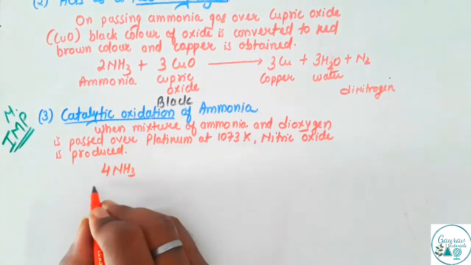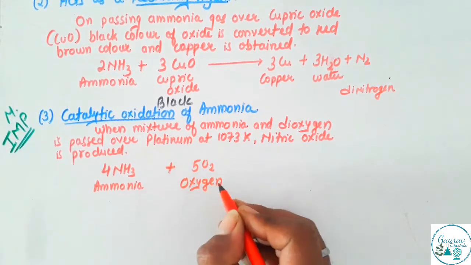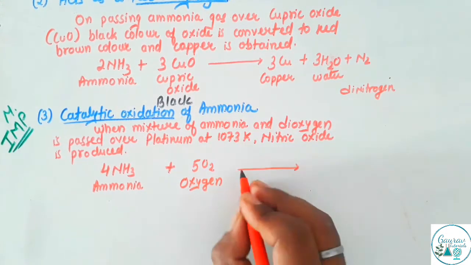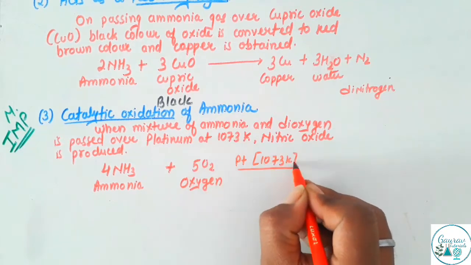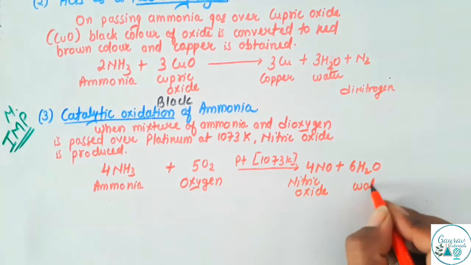The reaction can be summarized as 4NH3 plus 5O2, with platinum as catalyst at 1073 Kelvin, gives 4NO and 6H2O.